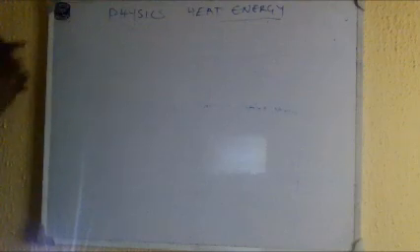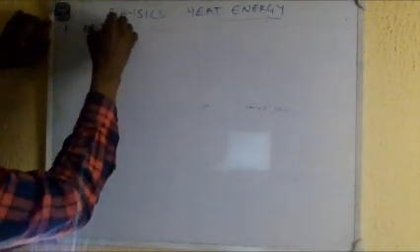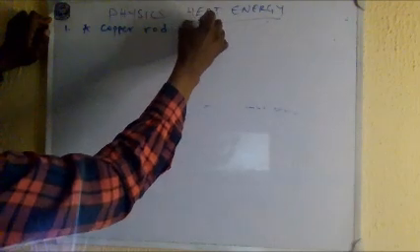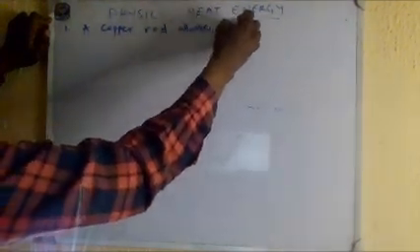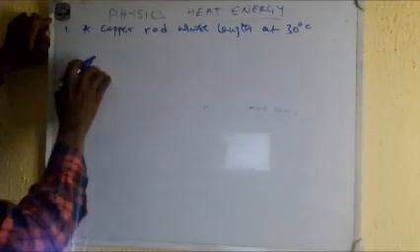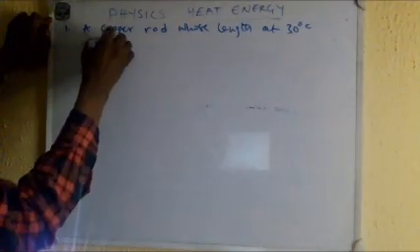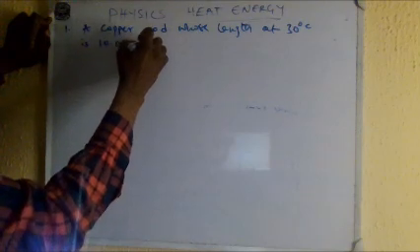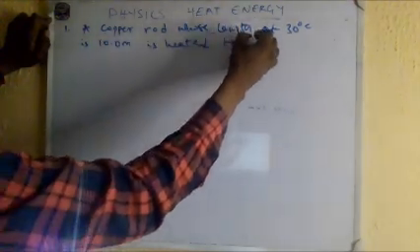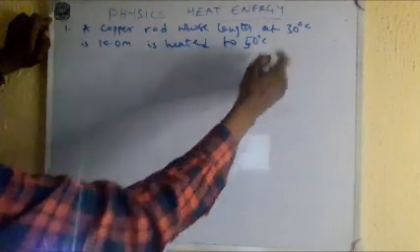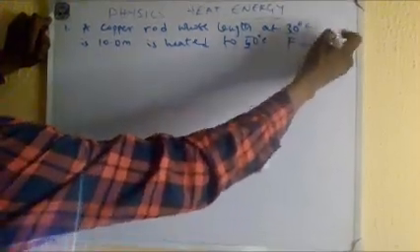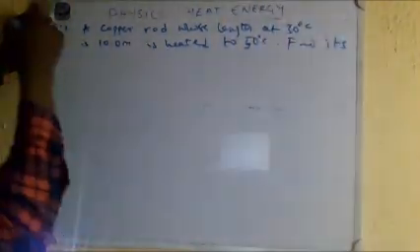All right, so this example here says a copper rod whose length at 30 degrees C is 10 meters is heated to 50 degrees C. Find its new length.